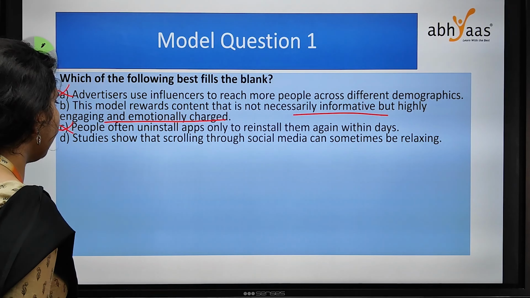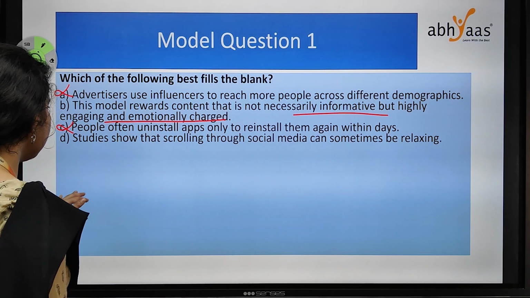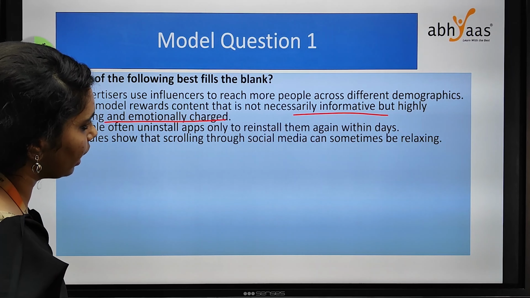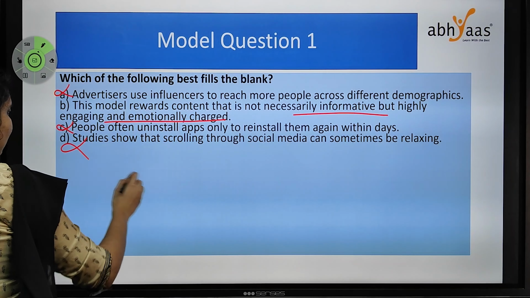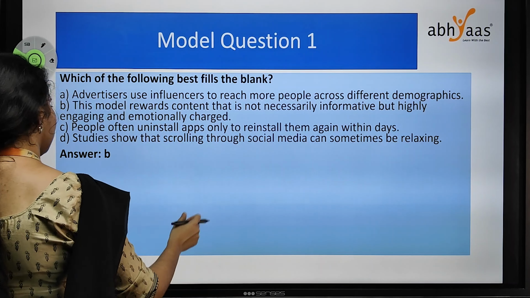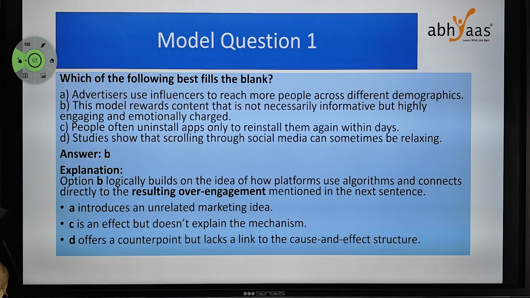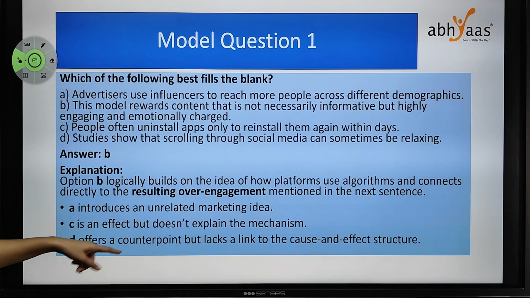No, that is not the line to keep in mind while choosing the option. Studies show that scrolling through social media can sometimes be relaxing. No, that is not building on the earlier statement. So option B is the one building on that. A introduces an unrelated marketing idea, C is an effect but doesn't explain the mechanism, and D offers a counterpoint and lacks the link.